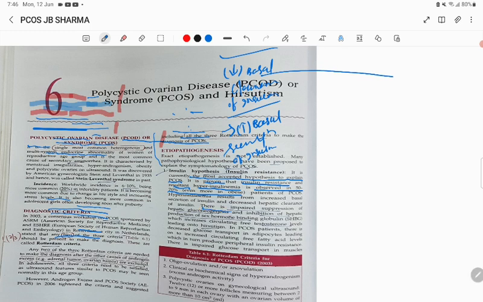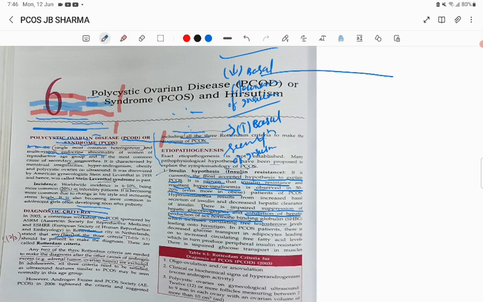There is impaired suppression of hepatic gluconeogenesis and inhibition of hepatic production of sex hormone binding globulin. What happens is there is difficulty in suppression of hepatic gluconeogenesis and inhibition of hepatic sex hormone binding globulin secretion.